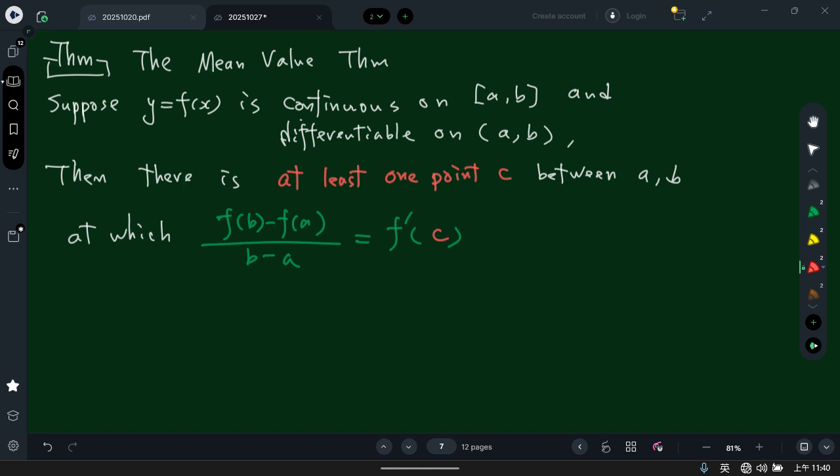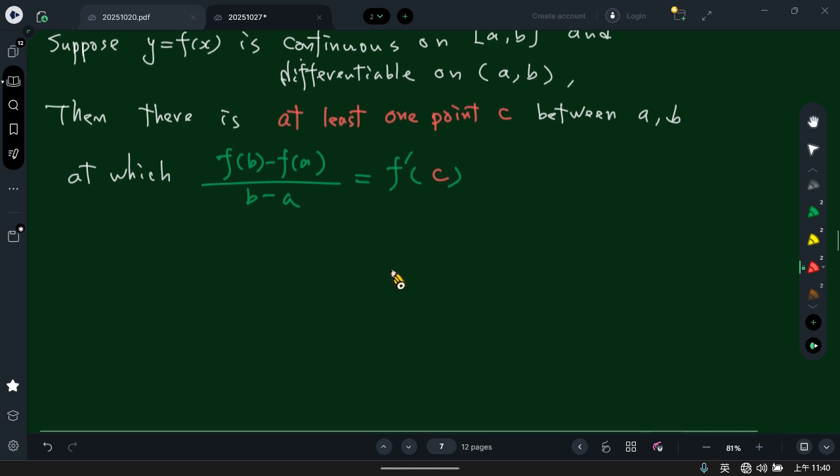Because there is a relation for the slope, and this is also its derivative. But after I draw the picture for you, you can easily memorize it.